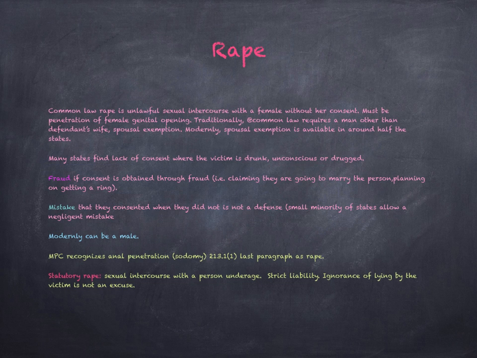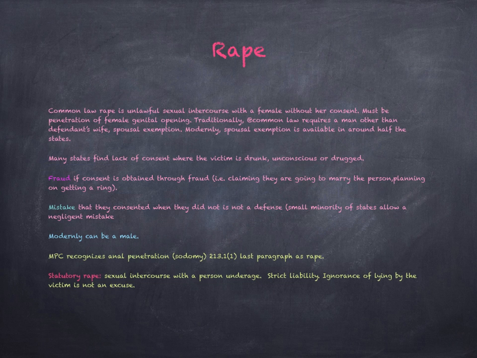Traditionally, common law required that the defendant be someone other than the defendant's wife, and that was known as a spousal exemption. Modernly, the spousal exemption is only available in a small handful of states. It's still on the books in some states.